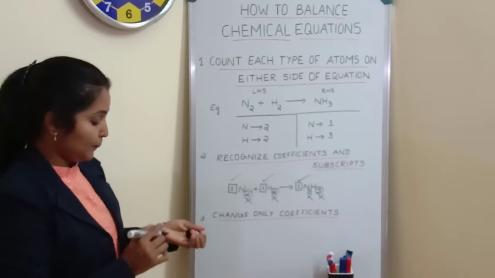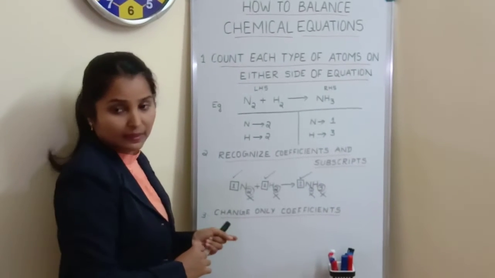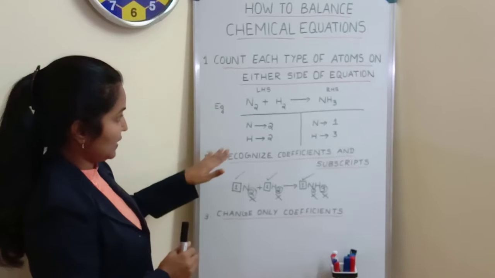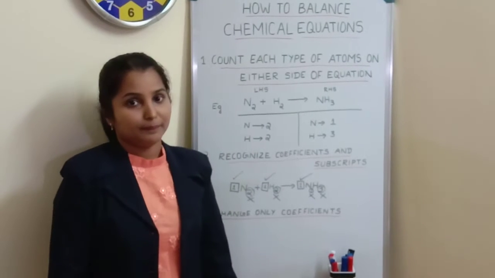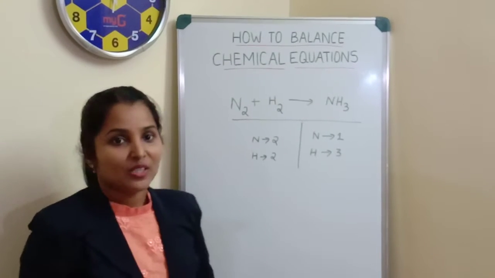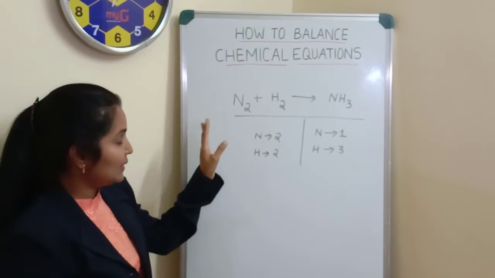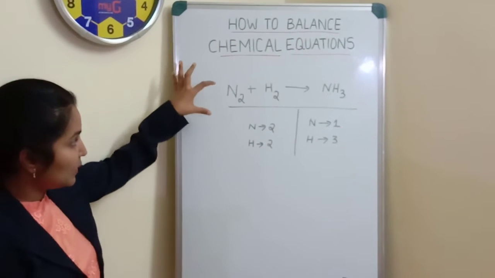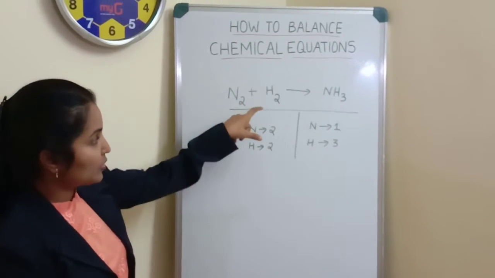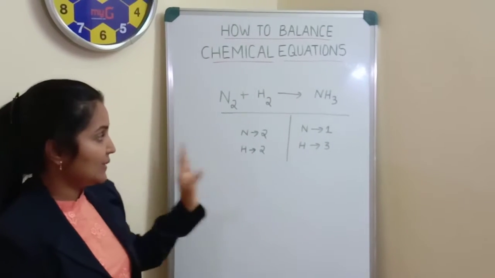Now we'll take the example of this first equation itself and we will see. See here, nitrogen reacts with hydrogen to form ammonia. That is the reaction.